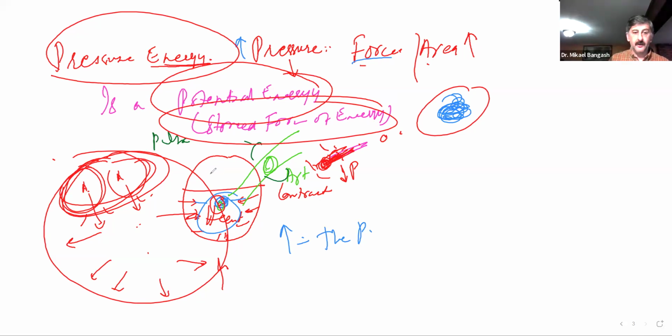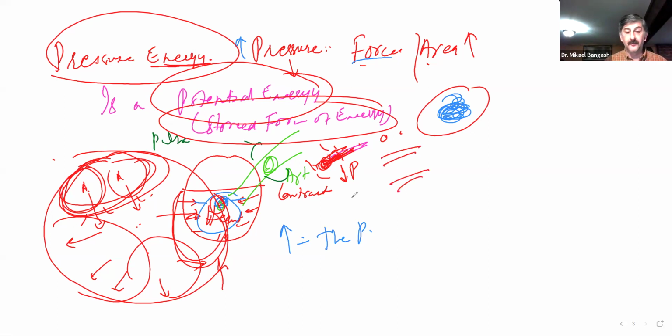In the case of the circulatory system, the force is going to be applied either by the walls of the heart or the walls of your vessels.